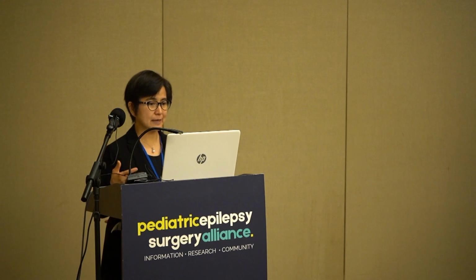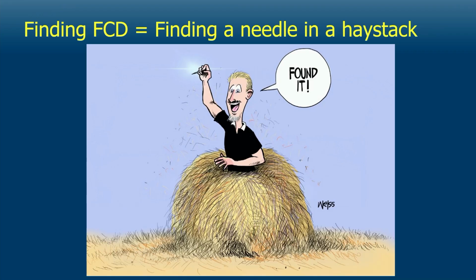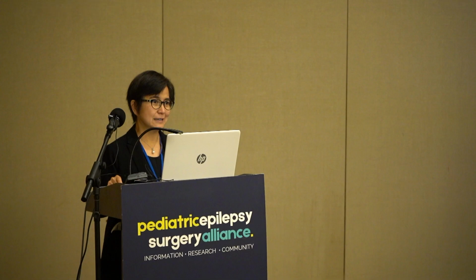If we can detect focal cortical dysplasia or detect a lesion on MRI, you can potentially improve the success of epilepsy surgery in achieving seizure freedom. Finding focal cortical dysplasia, as I mentioned earlier, is really challenging because it's small, it's subtle. It's almost like trying to find a needle in a haystack.